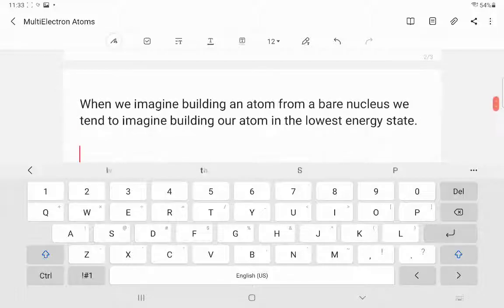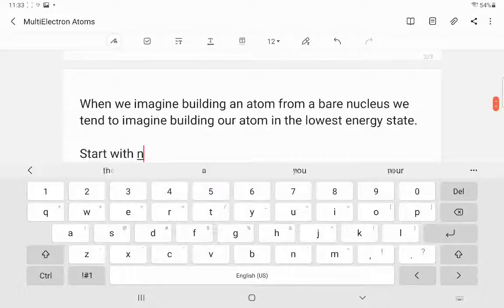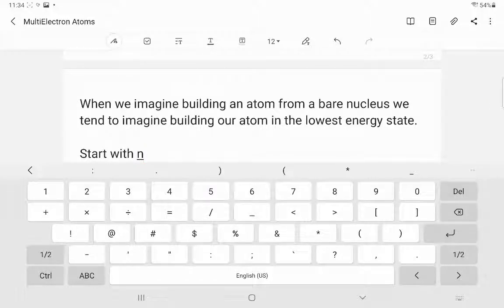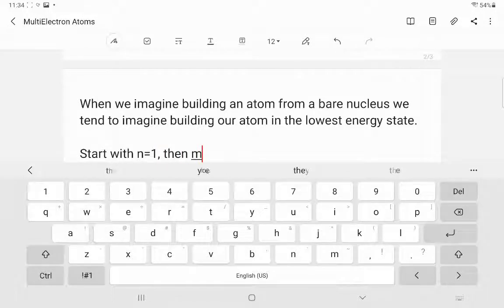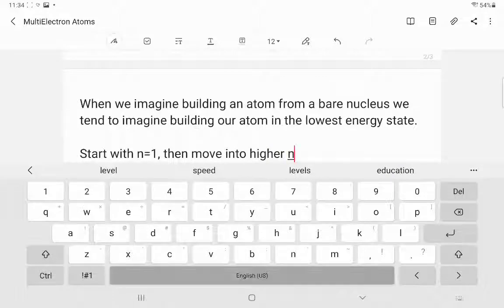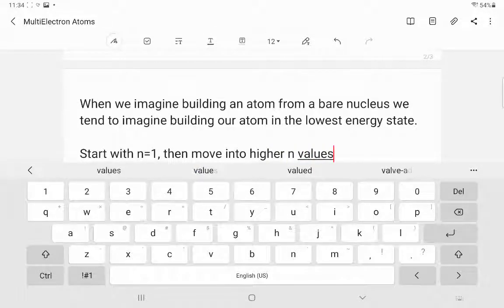So in order to do this, you start with n equals 1, then move into higher n values, right?